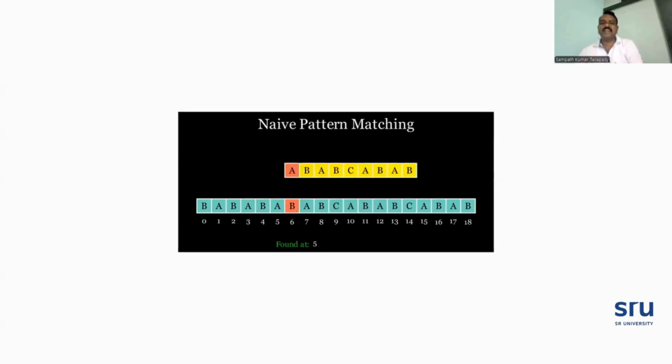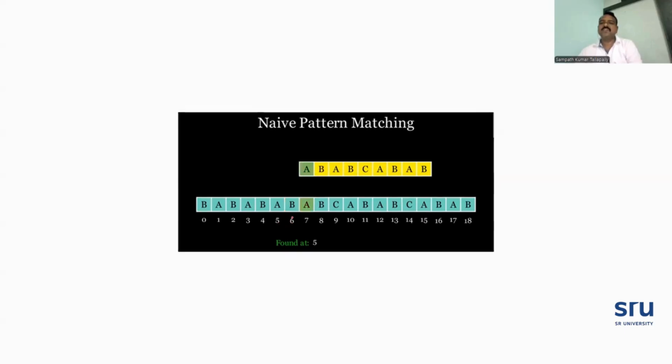After it is found, again we see whether this substring exists in your string more than once. So I just increment the index of my string, and we see that it is not matching. Then again we increment the index of my string, and at this point also it is not matching.